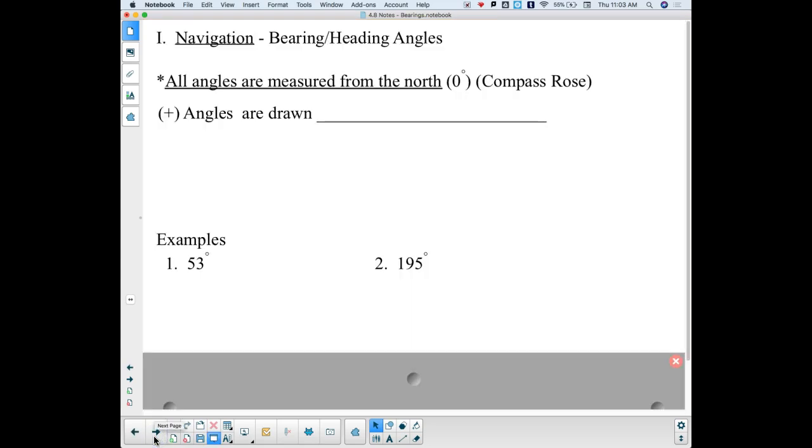All the angles in navigation are measured from the north. North is up, at the top. So 0 is now at the top, not out to the right. Positive navigational angles are drawn clockwise.